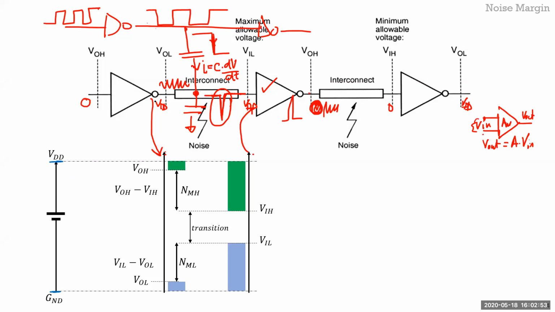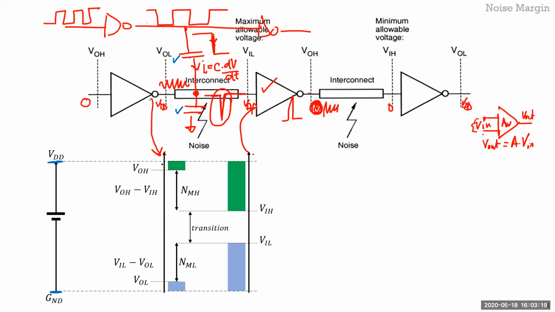I told you guys that we won't be dealing with capacitors. I'm just showing you the source of the noise here. Noise margin, when we analyze it, is still without the capacitor. So don't get confused with this capacitor; it's just showing you the source of this noise. So that's the entire range of voltages which are available inside the circuit, right?